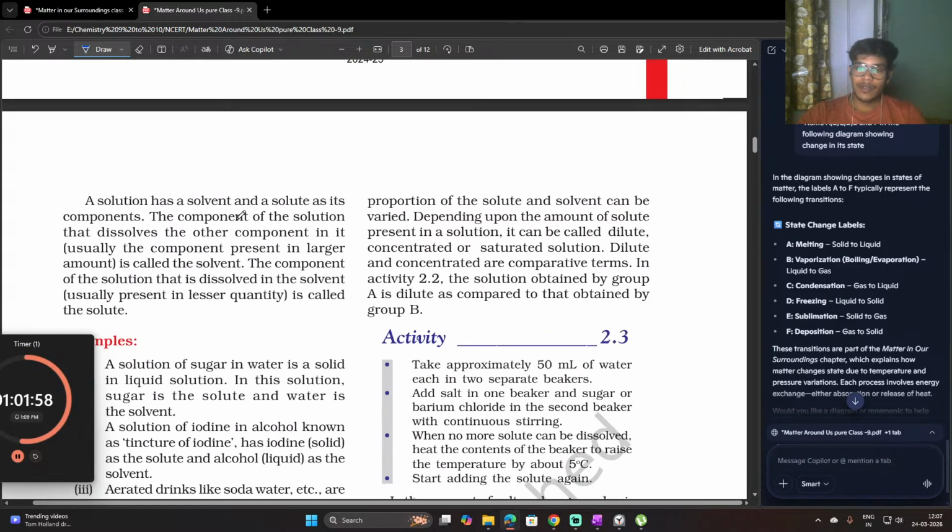So a solution has a solvent and a solute as its components. The component of the solution that dissolves the other component in it, usually the component present in larger amount, is called the solvent.